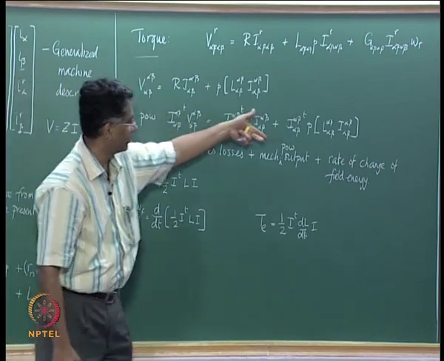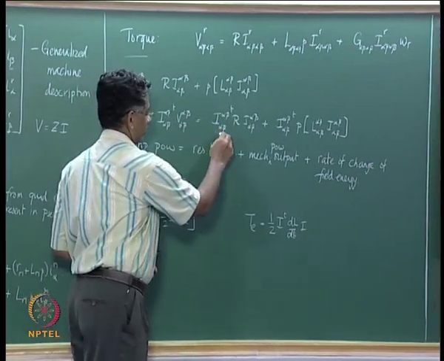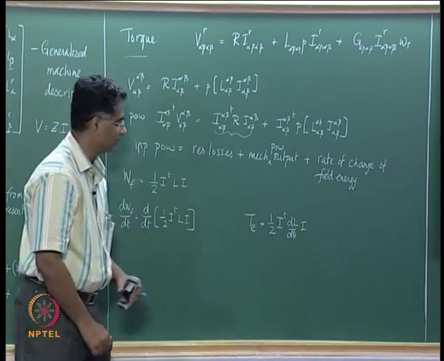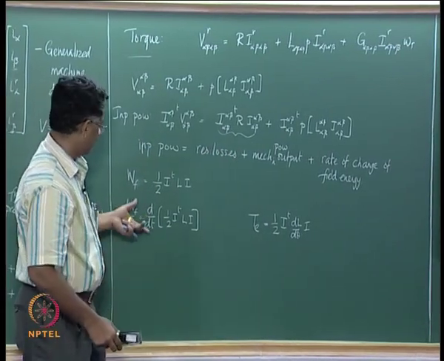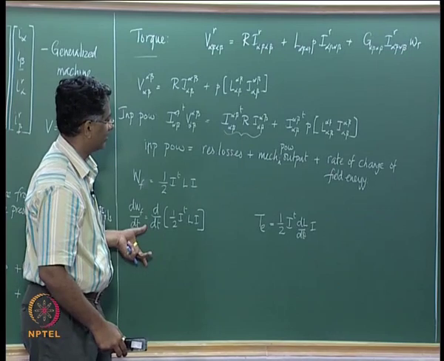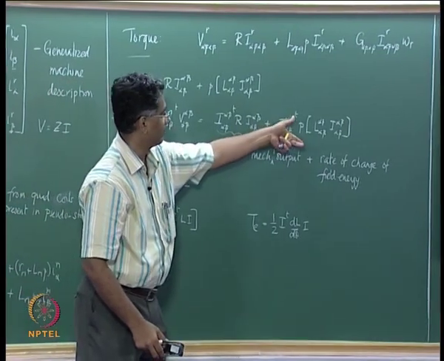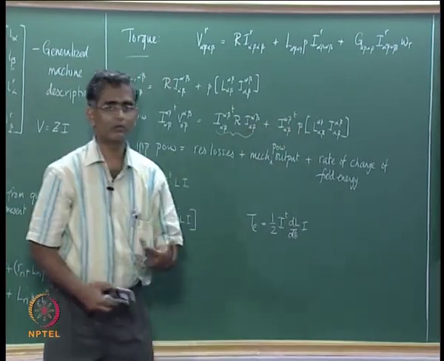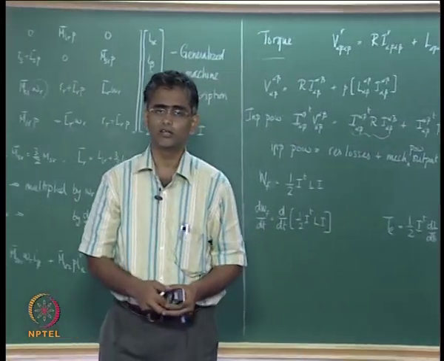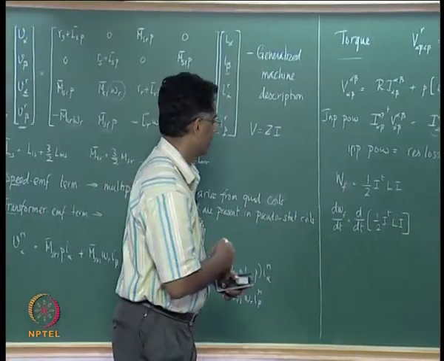The expression for input power is there. We know that this term is the resistive loss component, and after having differentiated this, if you subtract that from this expression, the remaining term would give you the mechanical output.